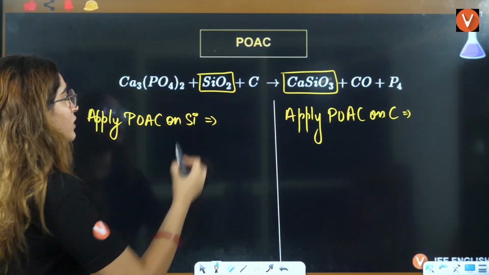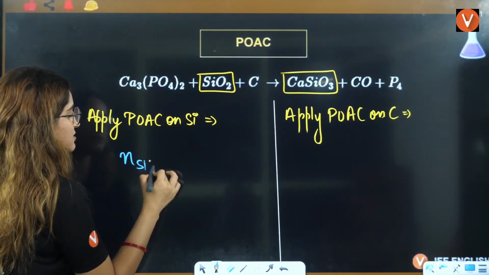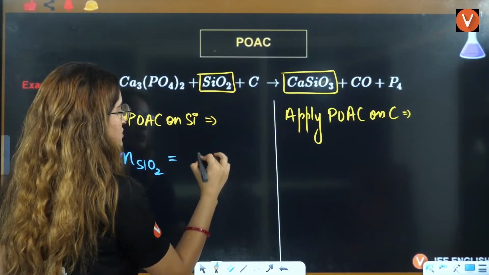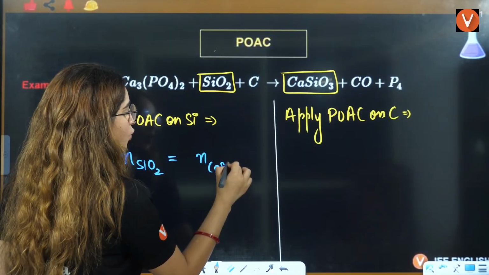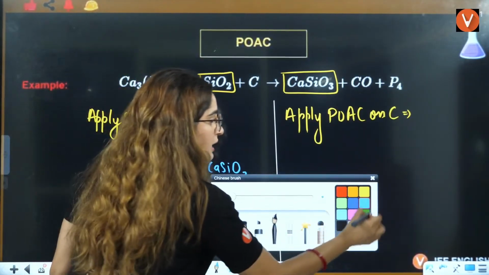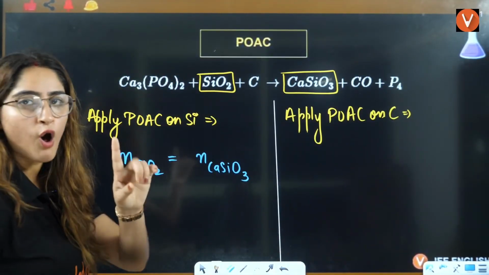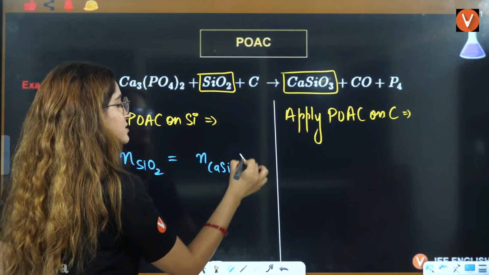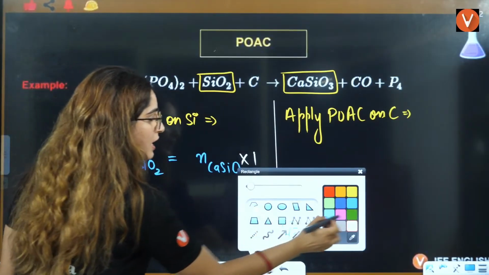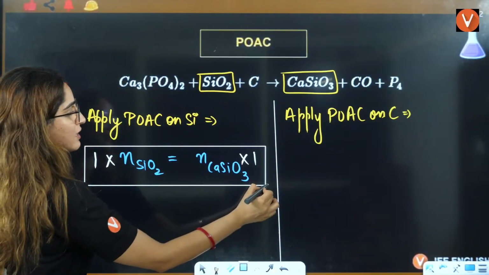POAC on silicon: number of moles of SiO2 equals number of moles of CaSiO3. Here you have 1 silicon in 1 molecule, so it is multiplied by 1. Here also you have 1 silicon, multiplied by 1, and that becomes your final answer.